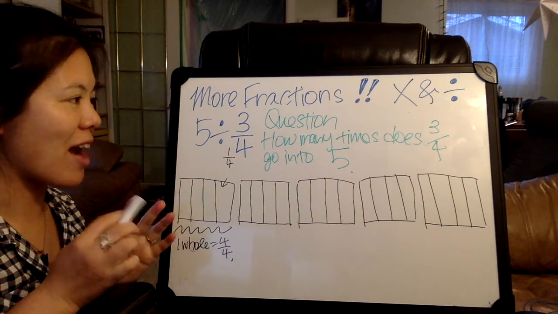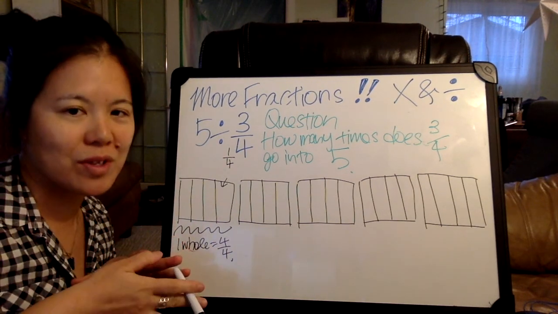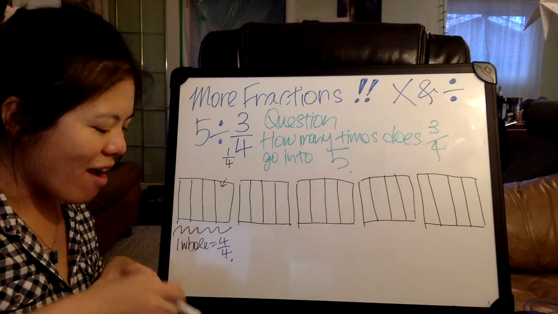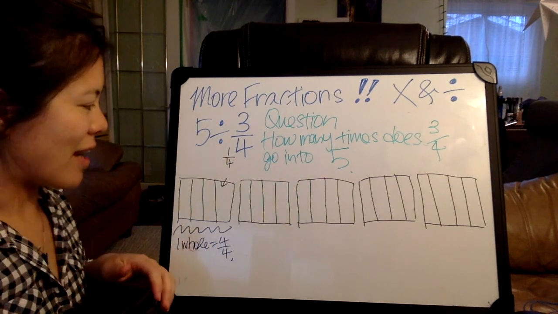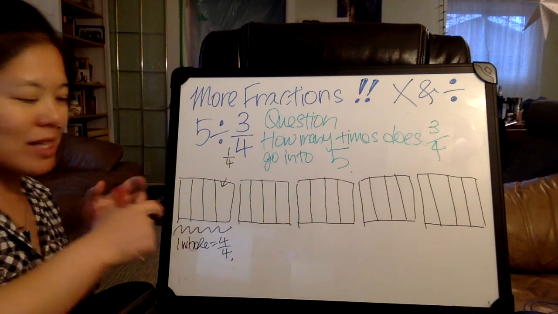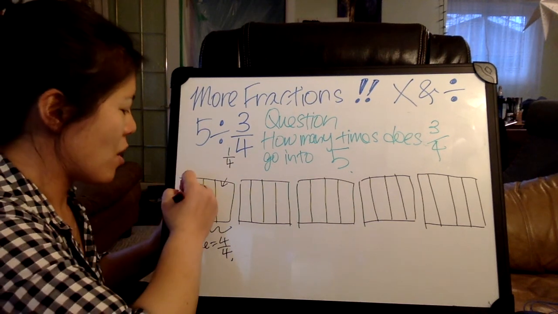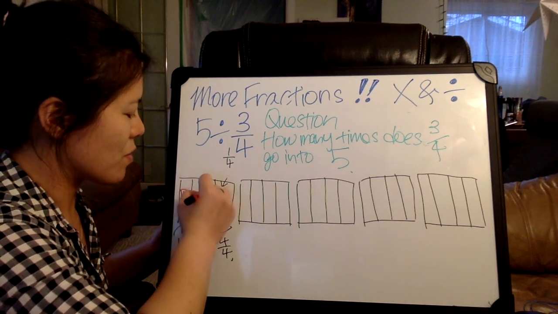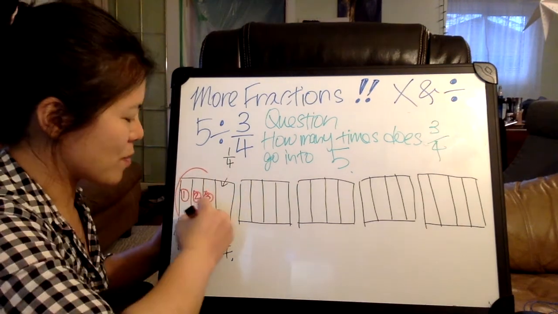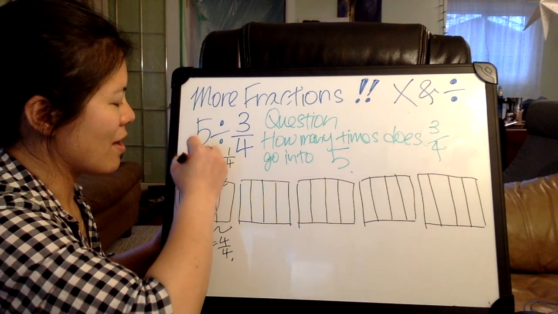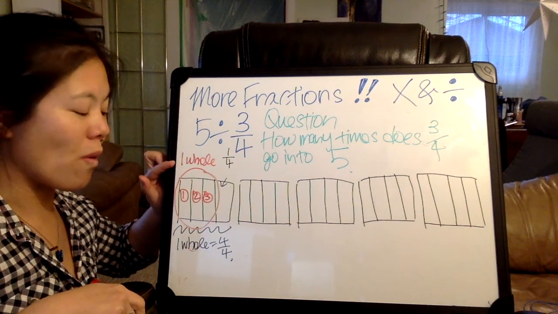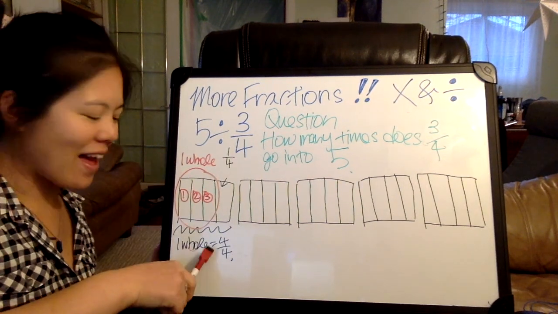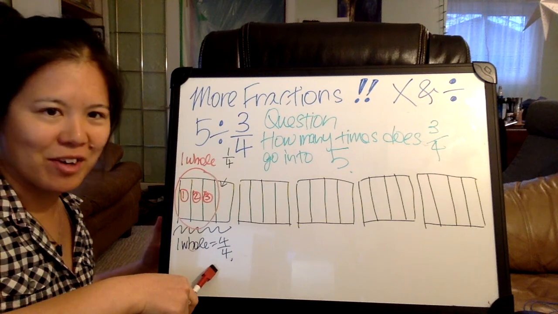And we're going to figure out how many times 3/4 go into 5. So let's count. I need 1, 2, 3. So that's my one whole. Haha, I said something funky, didn't I? I said one whole, but didn't I say that one whole is 4 over 4 earlier?